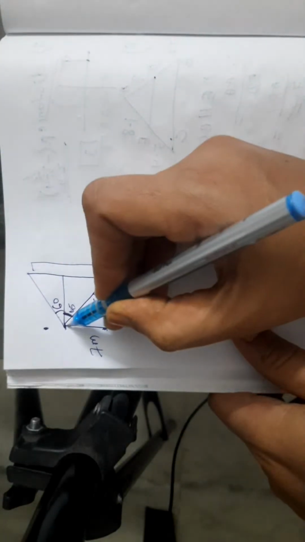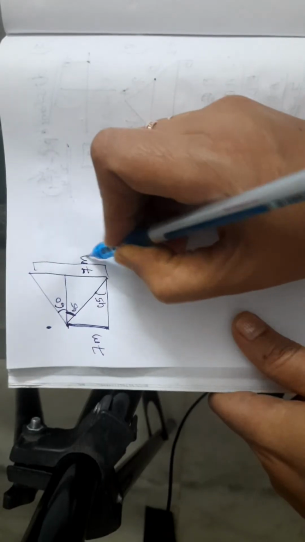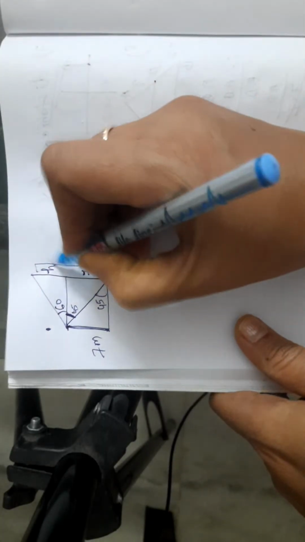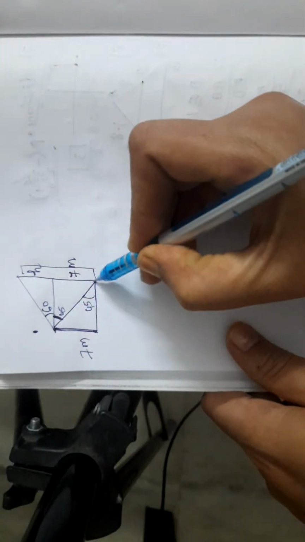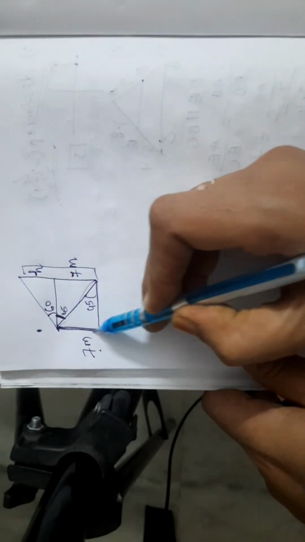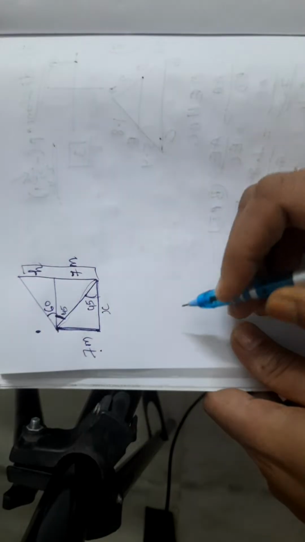For that, as this much is given 7, we'll consider this to be 7 meter, and next let the upper part be h. So in this triangle we have the value of perpendicular as 7 and the angle is given 45. We can calculate the base.